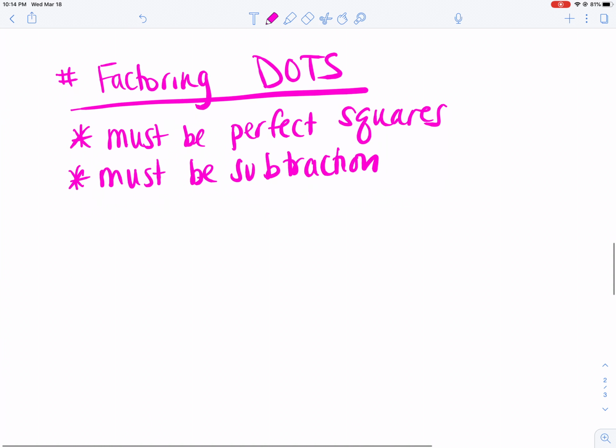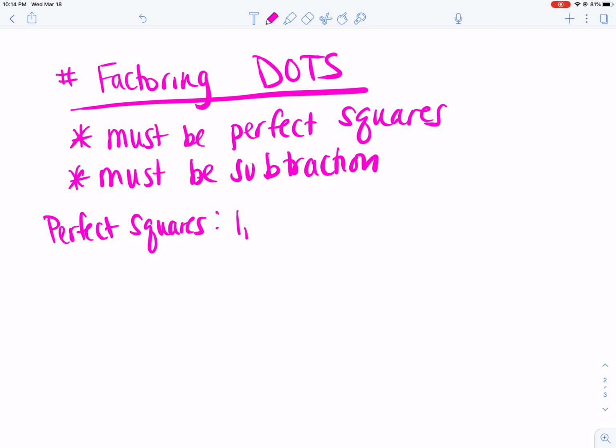Now, maybe make a list of your perfect squares. So numerical, your perfect squares are 1 times 1, 2 times 2, 3 times 3, 4 times 4, 5 times 5, 6 times 6, and so on. You could keep writing more.